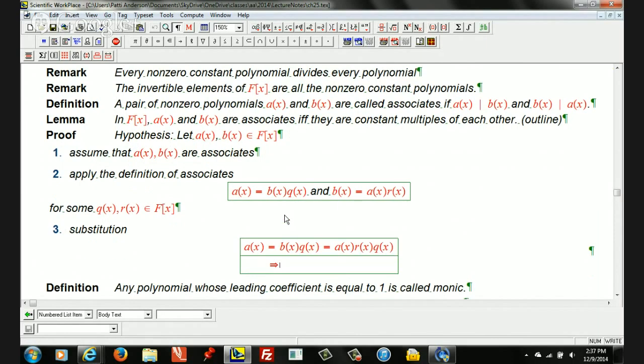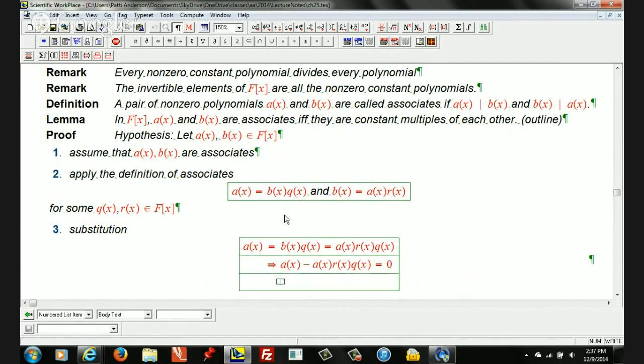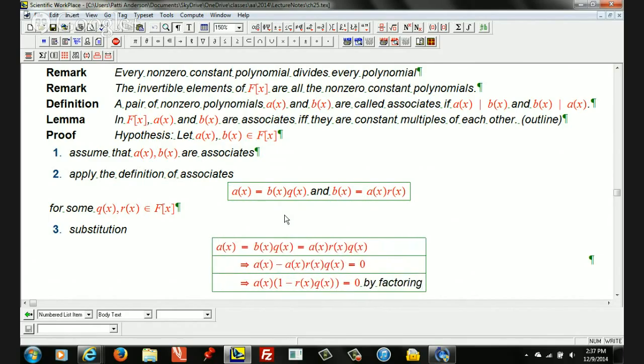Yeah, they forgot to show the step for how they did it. So let's actually put this in. They do it all the time. And then you factor. And then what does that tell you?